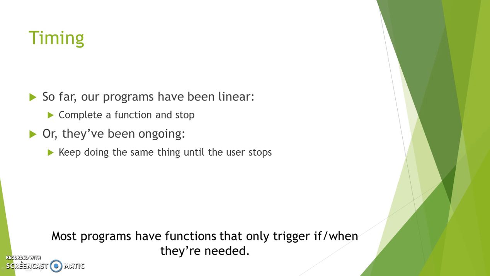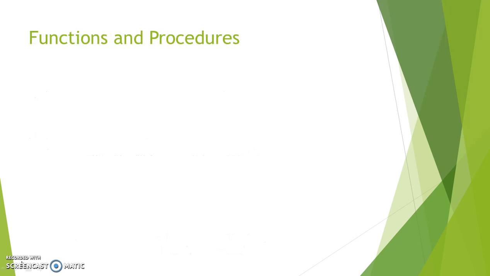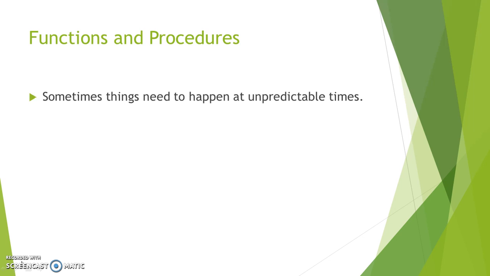Okay, and this is really not typical of more elaborate programs. More elaborate programs will tend to have functions or subroutines that only trigger when they're needed. And for these kinds of workflows, we need to have something new called functions and procedures.